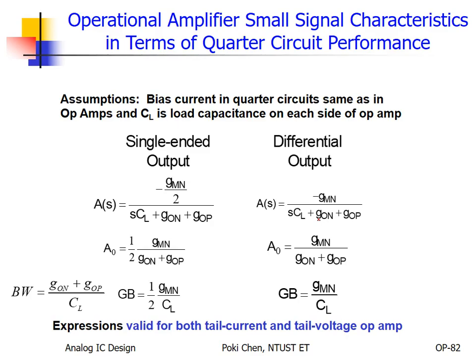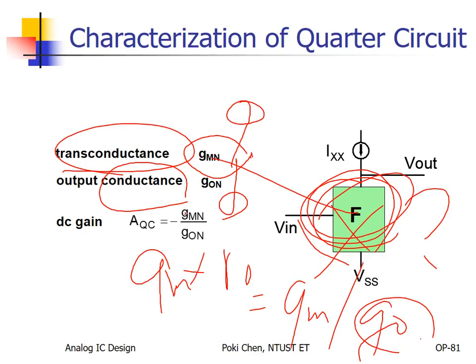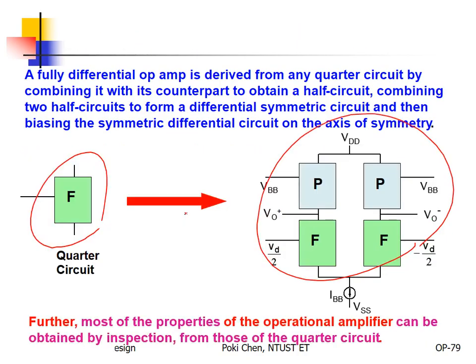I think for common source, I derived it already. But why do we have this one divided by 2? Simply because the differential input is applied from here to there, so you only get 50% of the input.